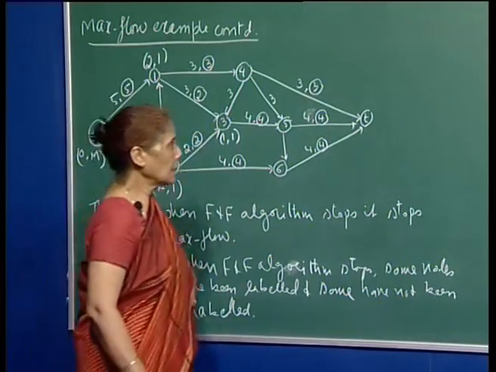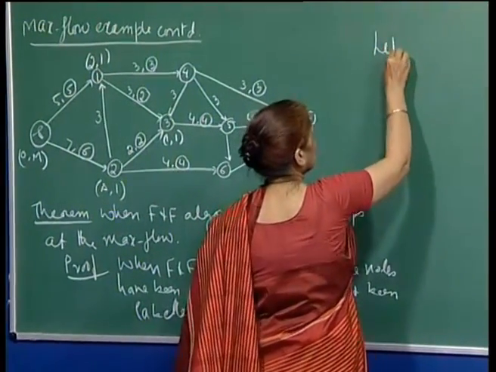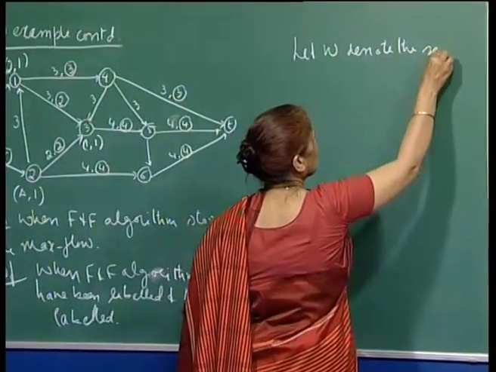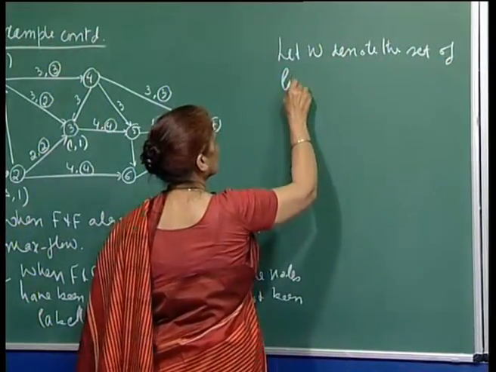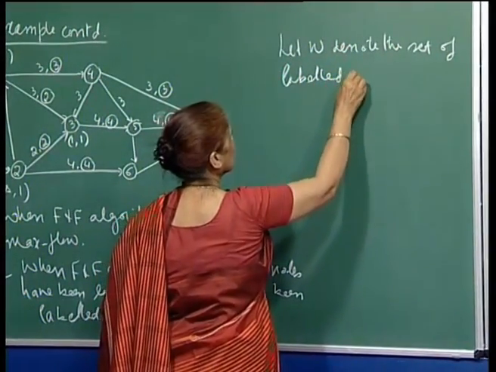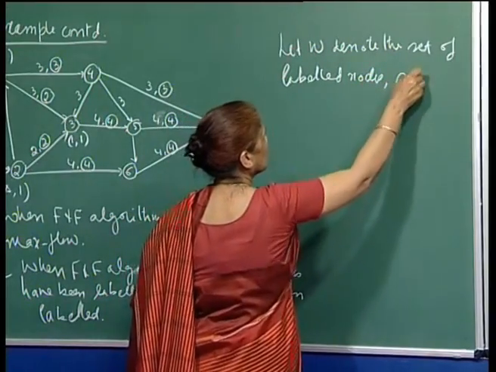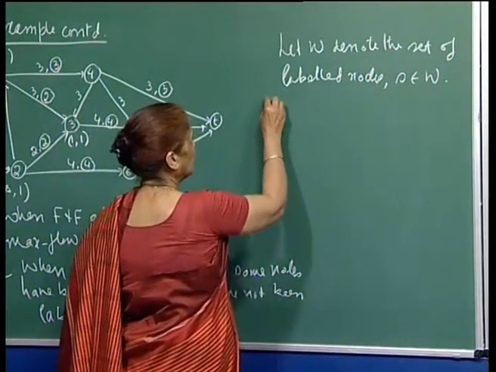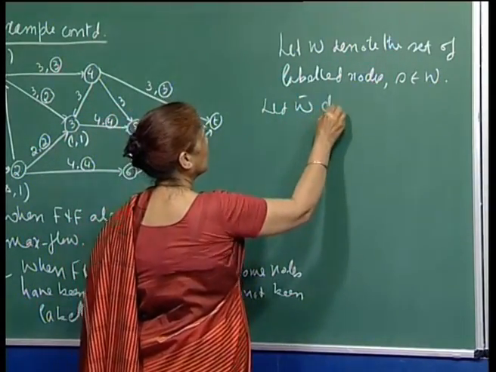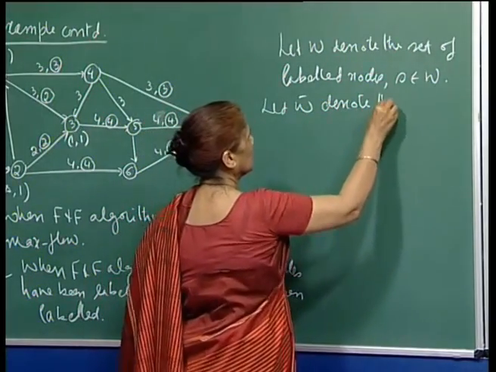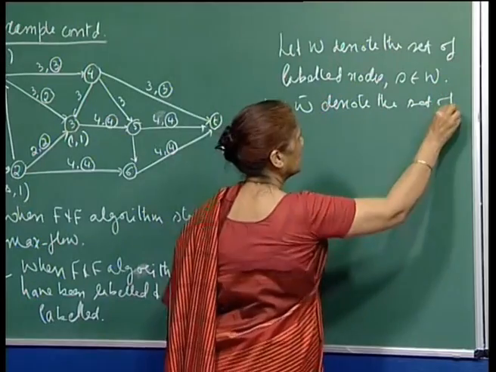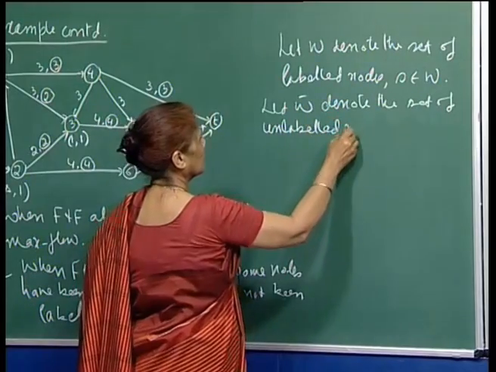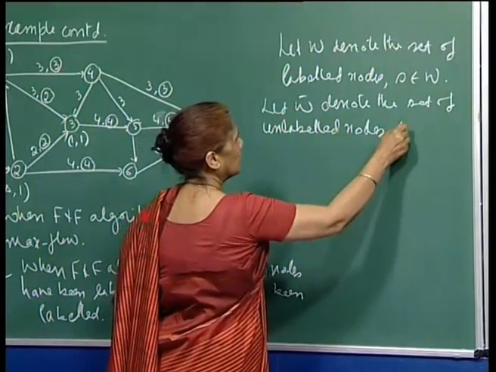Let W denote the set of labeled nodes, and S belongs to W always, because I can always label S. Let W bar denote the set of unlabeled nodes, and T belongs to W bar.